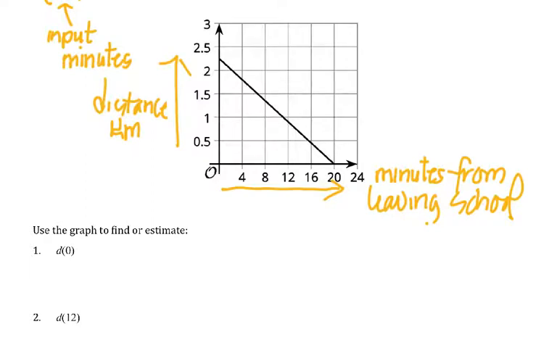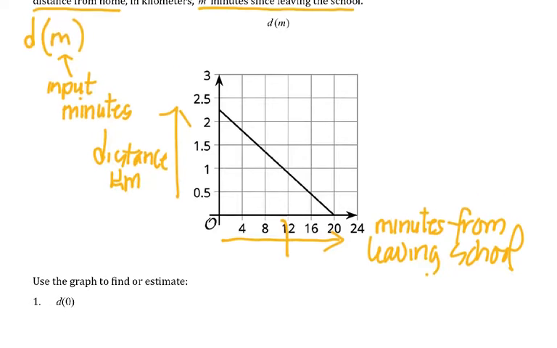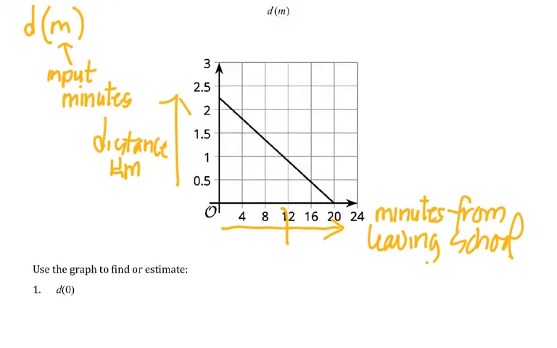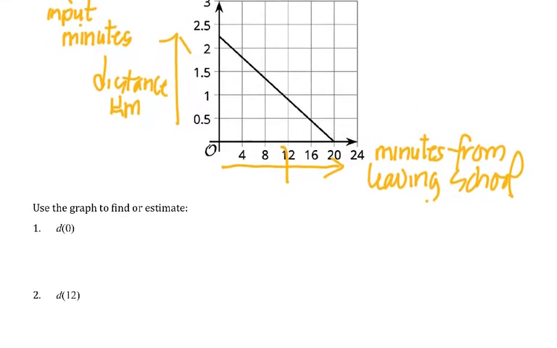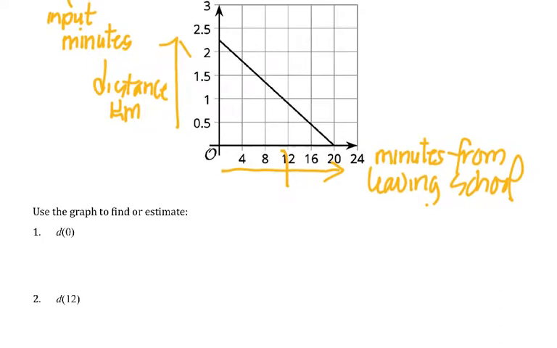So let's remember the input. Let's go back here. The input is m, d of m. So I'm going to go right here, and I know that this is 0 minutes. All right. So 0 minutes, use the graph.